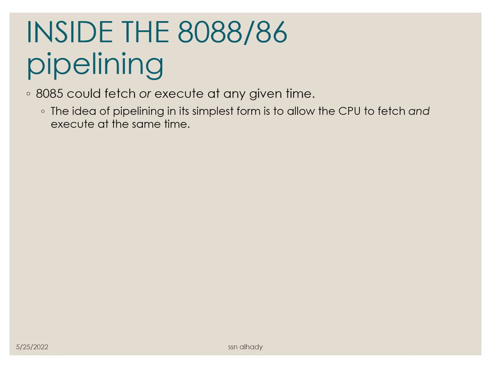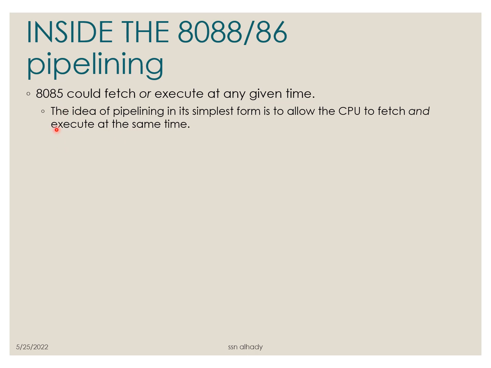So what made it improve from the previous one, 8085? Because the 8085 could only fetch or execute an instruction at any given time. One activity can be done, either you fetch or you execute.